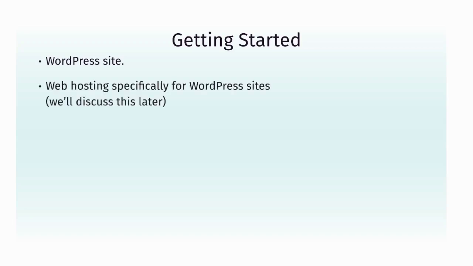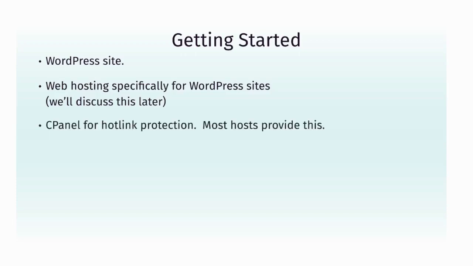All right, before we move on to video number 2, let's talk about what you need to have in hand. Obviously, this is made for WordPress sites. You can take this information and the concepts that I'm giving you and apply them to a non-WordPress site, but I'm going to give you specifics in relation to WordPress. And of course, you'll need web hosting specifically for WordPress sites, which we'll discuss later, and you'll need to have a cPanel for hotlink protection.